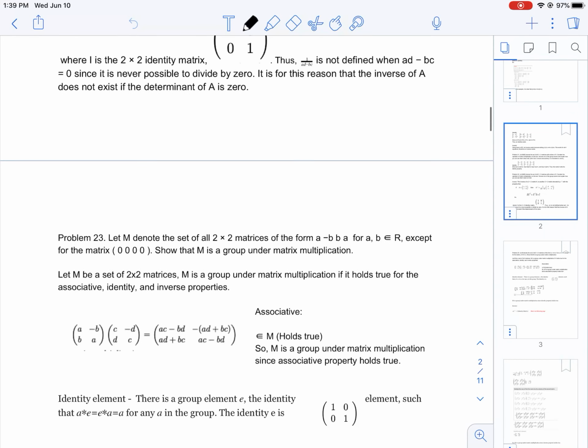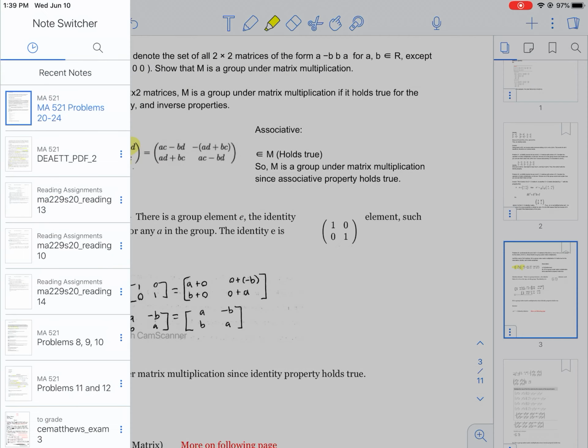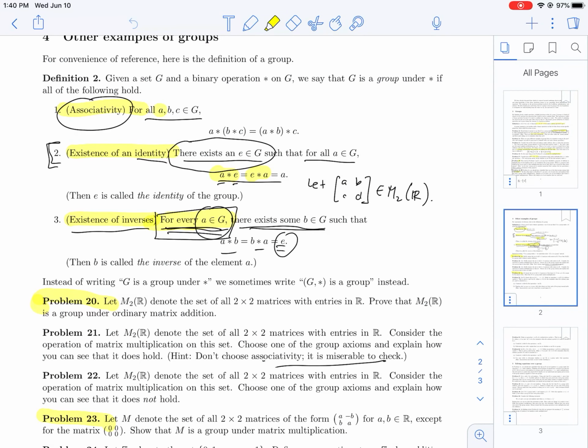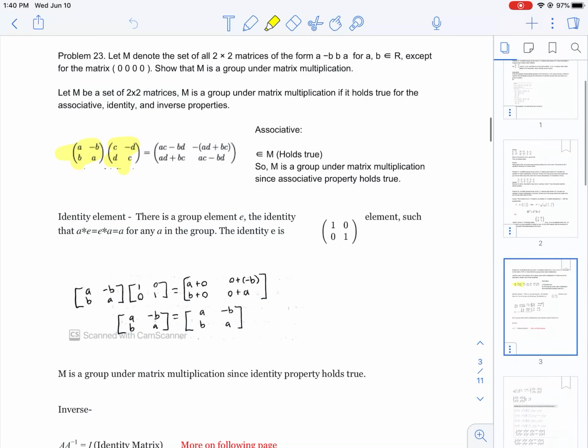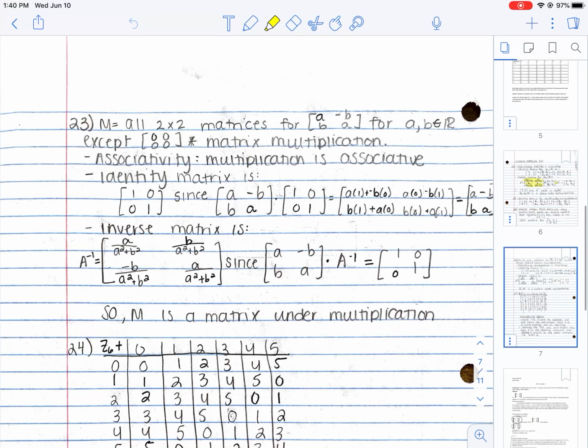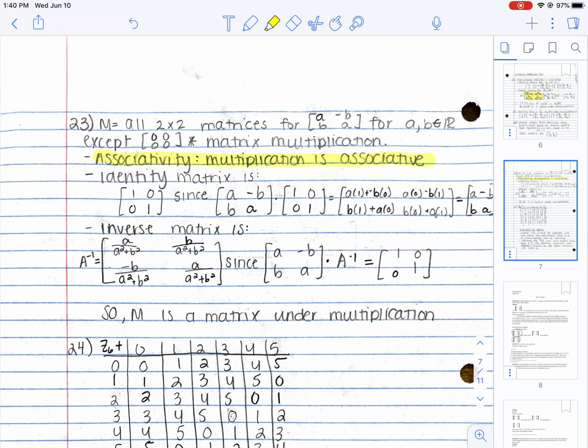So for associativity, what we need to start out with is 3 matrices, and we know that because the axiom says for all A, B, and C. So we're going to have 3 objects in the group that we're talking about. And there was one group that said, for associativity, multiplication is associative. They didn't really say anything more, but that's interesting in and of itself because it's true that multiplying matrices is associative.